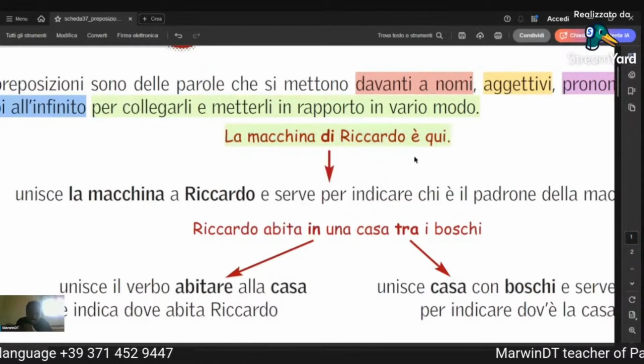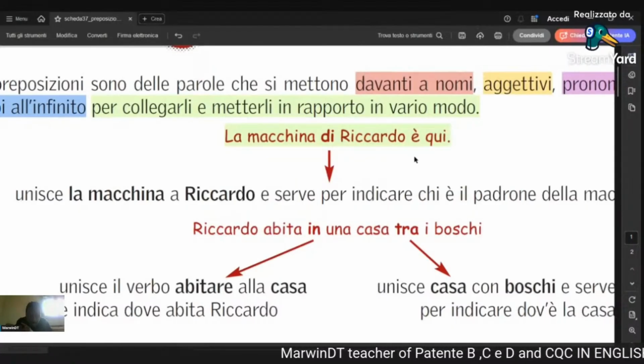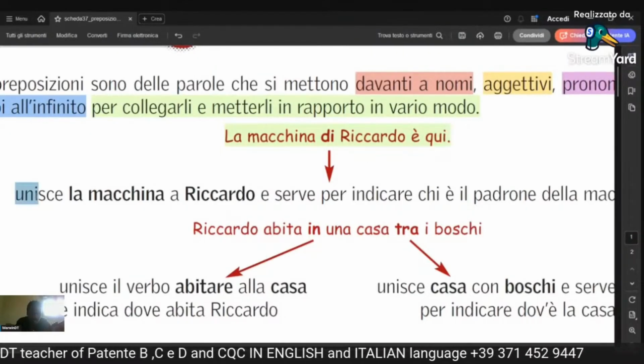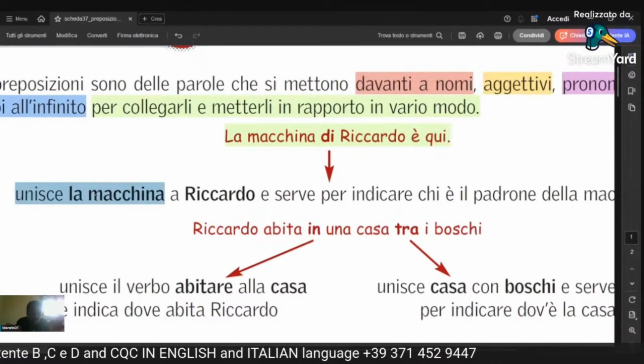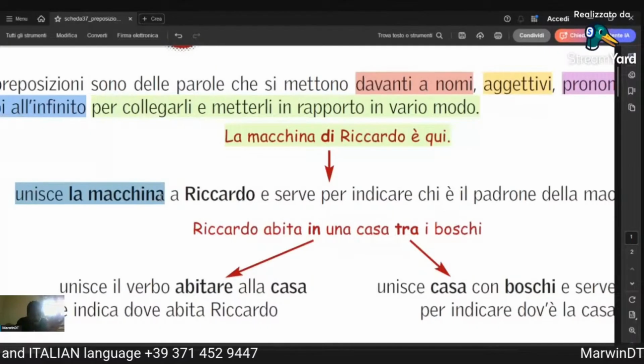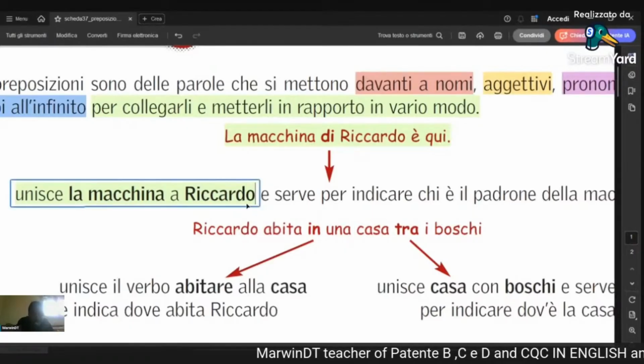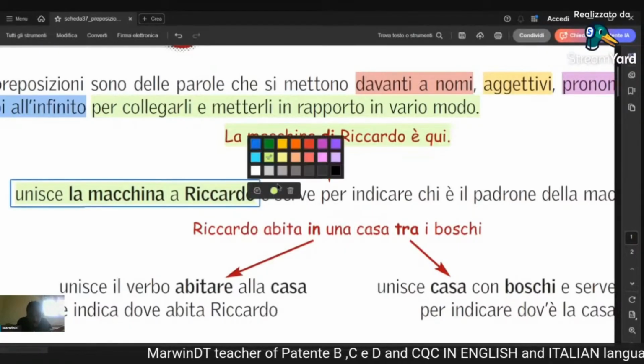Then it says è qui, meaning it is here. So, listen to the example. Unisce la macchina a Riccardo, meaning it unites the car with who?